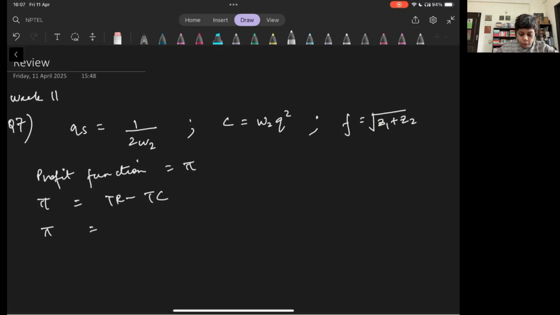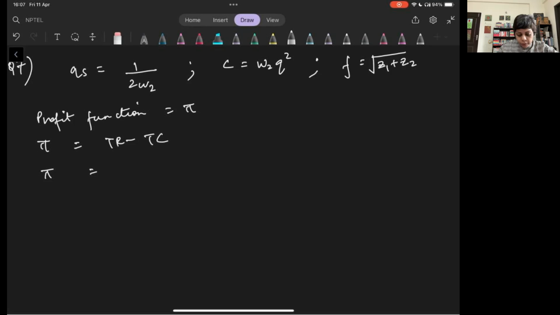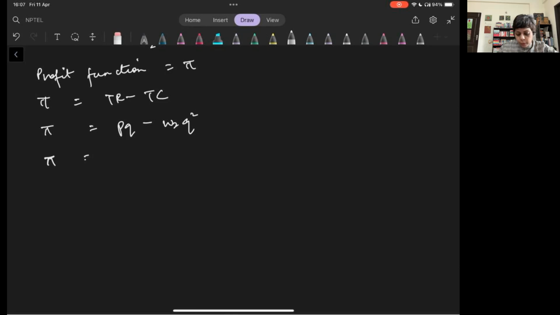So now this is pretty simple. Total revenue is nothing but P into Q, and cost function is given to us as W2 Q square, right? And now we will do the opposite of what we did before, or actually we could have just written the total cost function in terms of W2 also, but anyway.